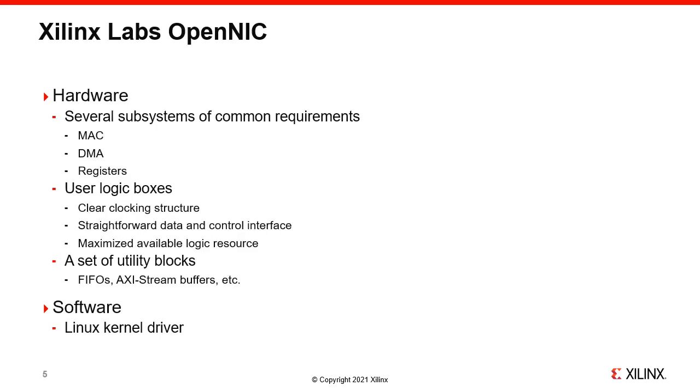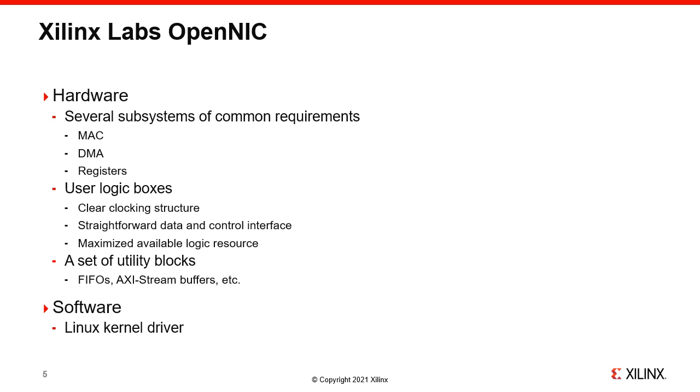So keep this concept in mind. We have designed the Xilinx Labs OpenNIC, and it has a hardware part and a software part. Its hardware needs several subsystems of common requirements to support MAC, DMA, registers, and so on. Also, we need well-defined user logic blocks in the hardware with clear clocking structure and interface.